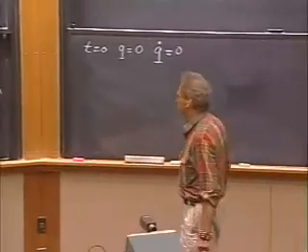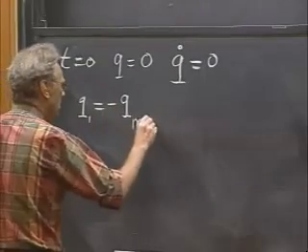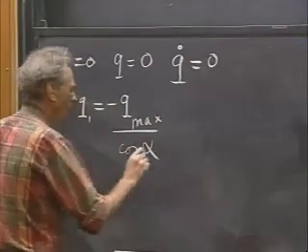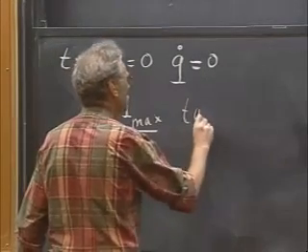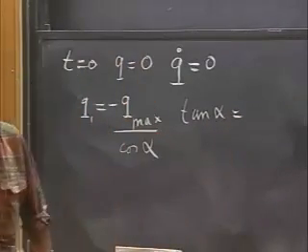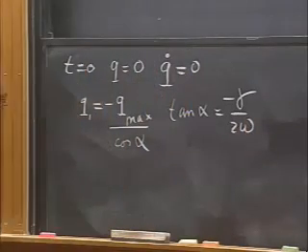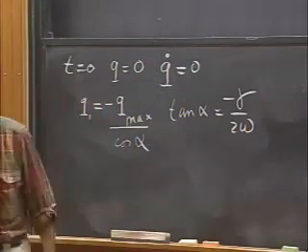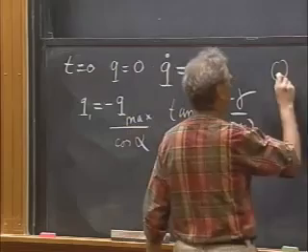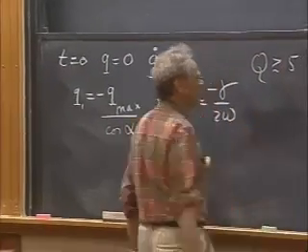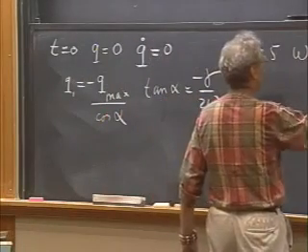When you do that, you will find that Q1 equals minus Q max divided by the cosine of alpha. And you'll find that the tangent of alpha equals minus gamma over 2 omega. I don't have a very good feeling for these numbers, but what I do have a good feeling for is that I know when Q, say, is larger or equal to 5, then I know that omega is very close to omega 0.